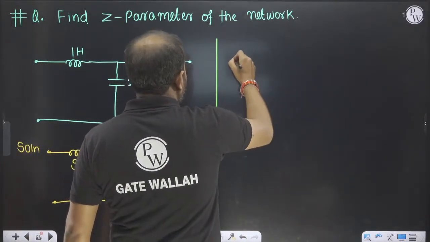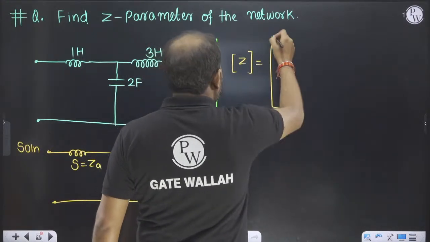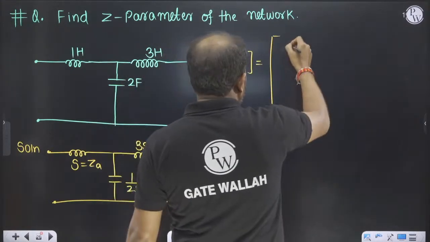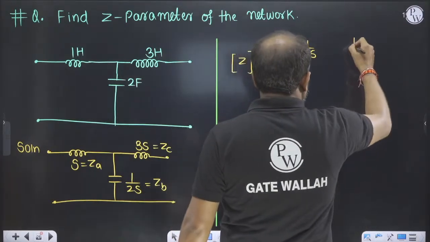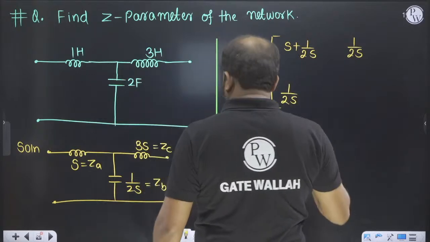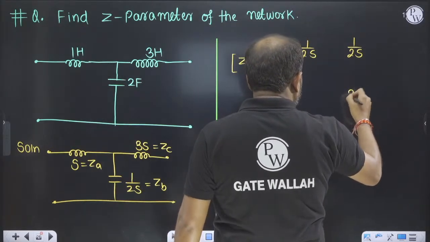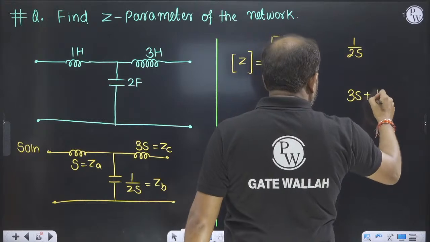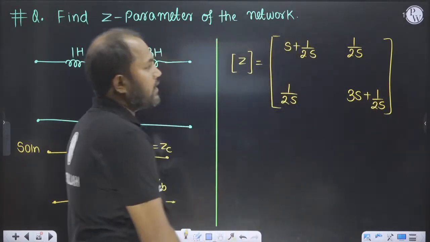So Z parameter will be ZA plus ZB, S plus 1 by 2S, and 1 by 2S, 1 by 2S, and ZB plus ZC, so 3S plus 2 by S. Okay.